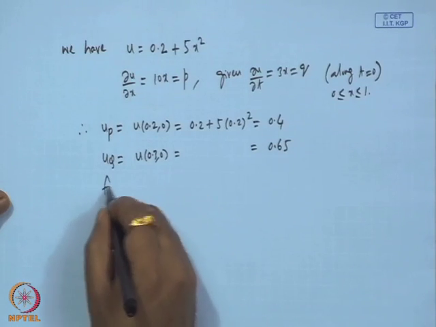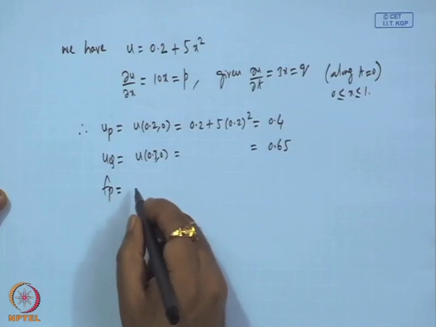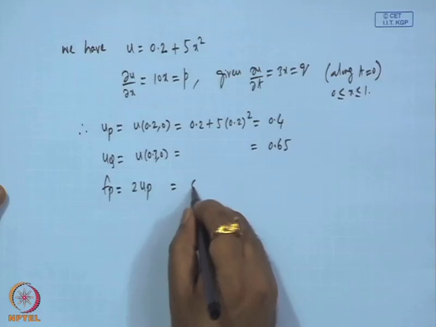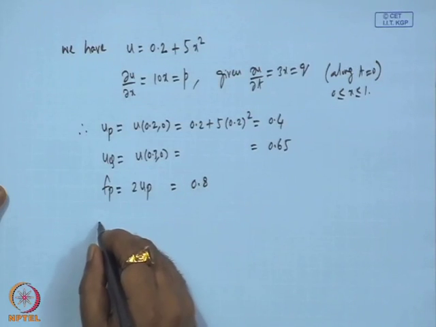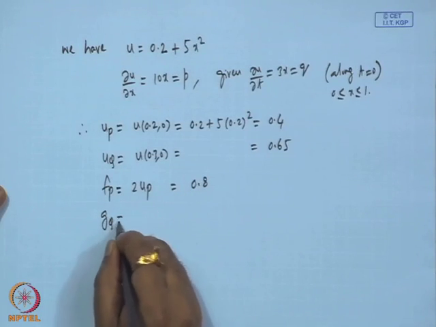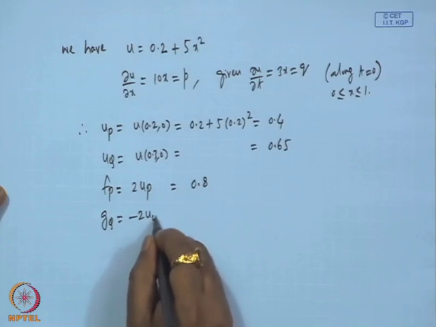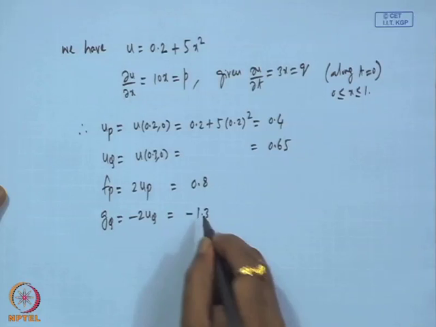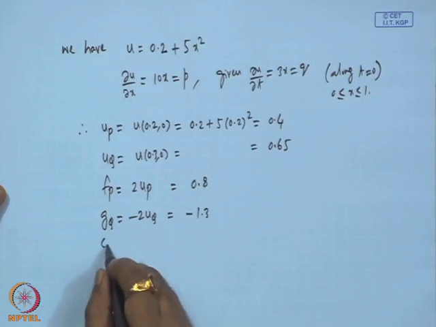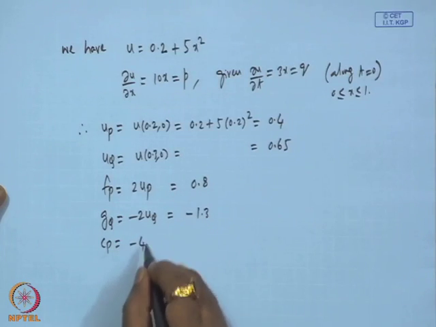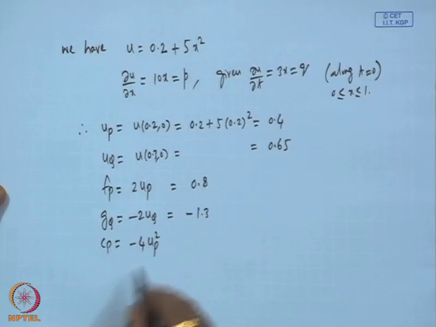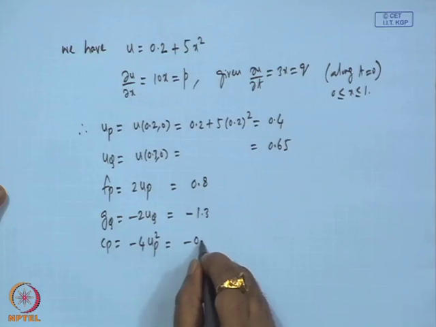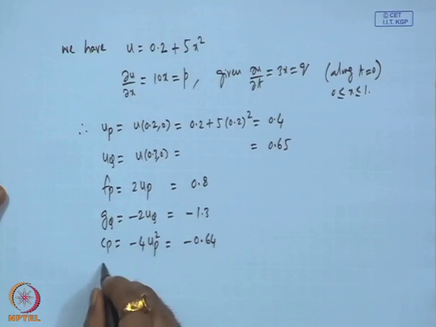Then f p is 2 u p, so this is 0.8, then g q is minus 2 u q, so this is minus 1.3, then C p is minus 4 u p square, so this is minus 0.64.